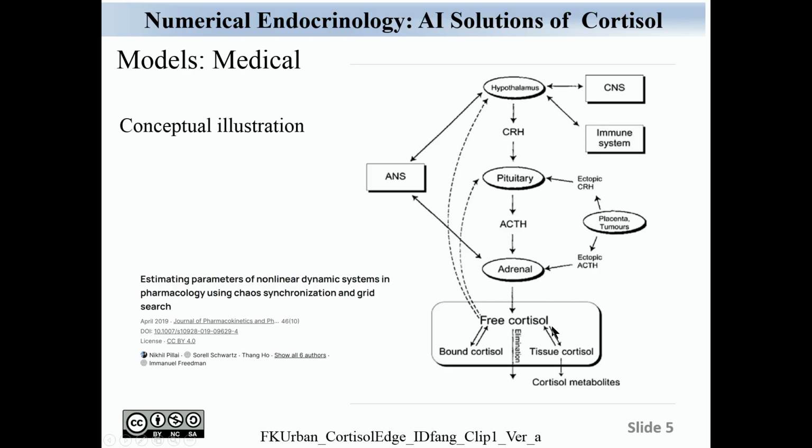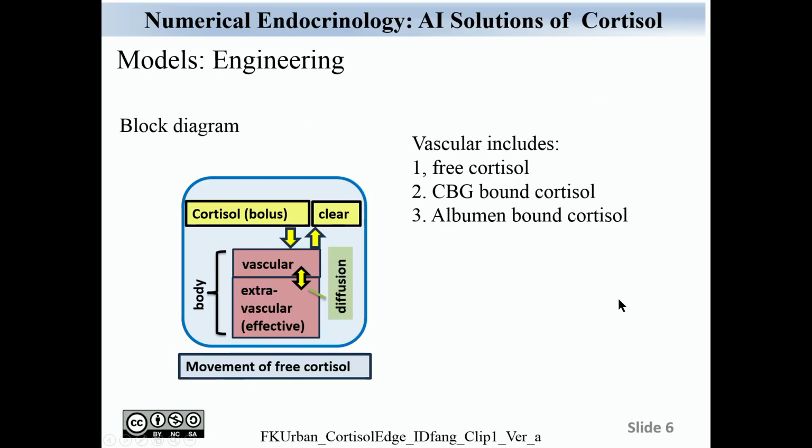And right here we have tissue, so that's the extravascular, and free cortisol, and you can see it entering and exiting from this rectangle. And you can see all these different arrows and everything, and it gives a good concept, but it doesn't give you a math equation.